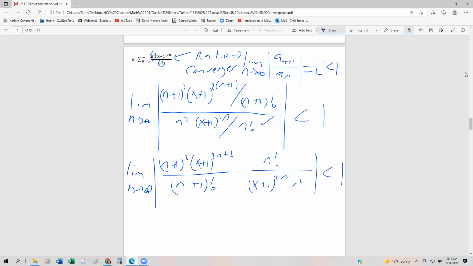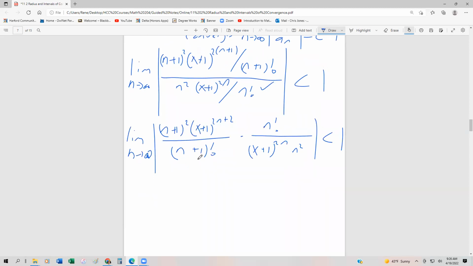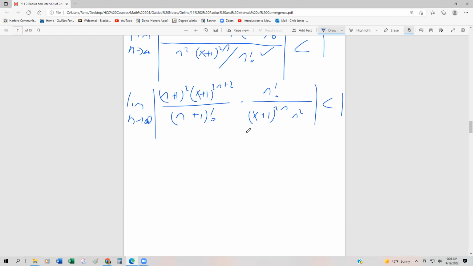Now, what I'm going to do is group like-looking factors, and things that look alike are the factorials, the x's, and then the n squareds, or the (n plus 1) squared. So let's write this as 3 different little fractions that are multiplied together. That's going to be the limit as n approaches infinity of, let's start with the factorial, n factorial over (n plus 1) factorial.